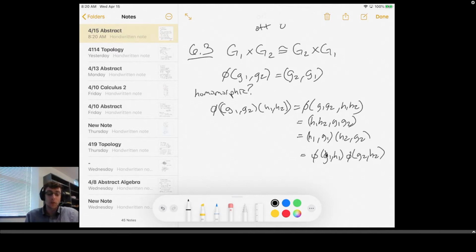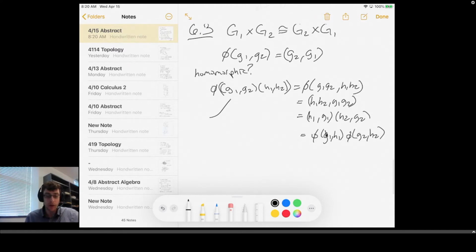And so it's homomorphic, and one-to-one and onto should be really clear, right? Because these are basically the identity in each coordinate. It's just that you've flipped them, right? So anything in G2 cross G1, well, what maps to it? Well, flip the coordinates, right? If you start with (g2, g1), this is phi of (g1, g2). So you know immediately it's onto. And then one-to-one, right?